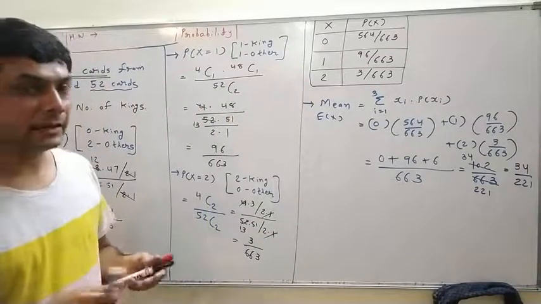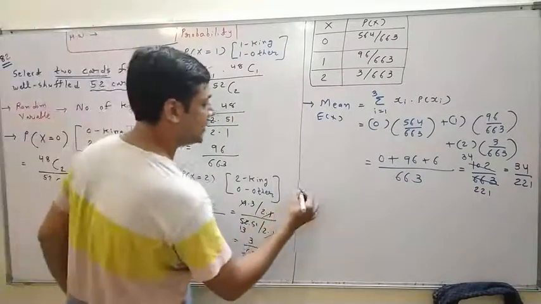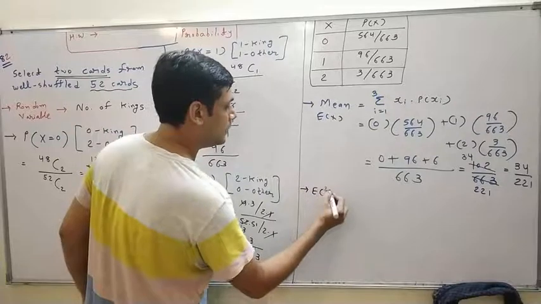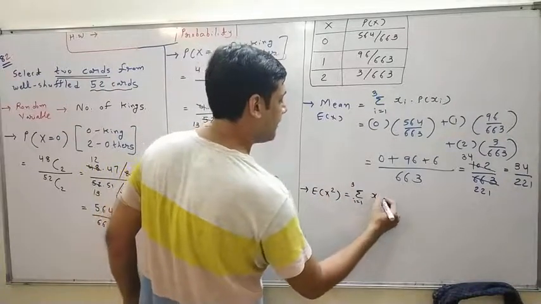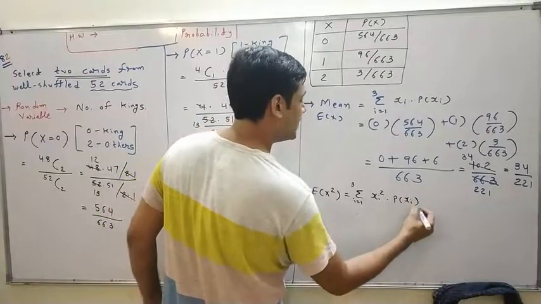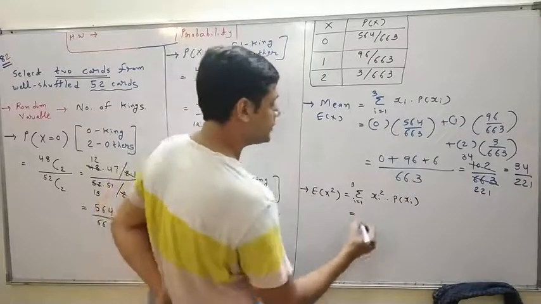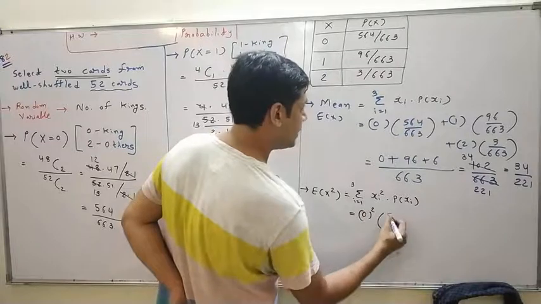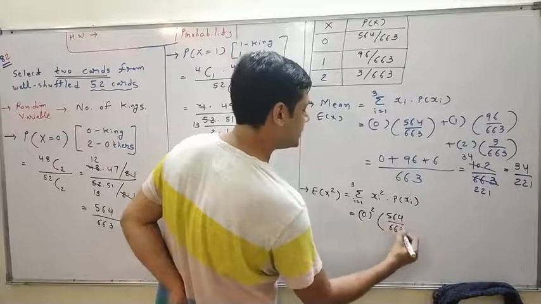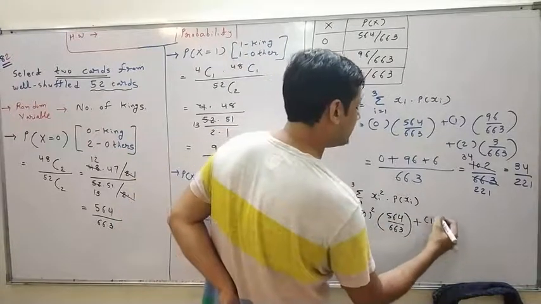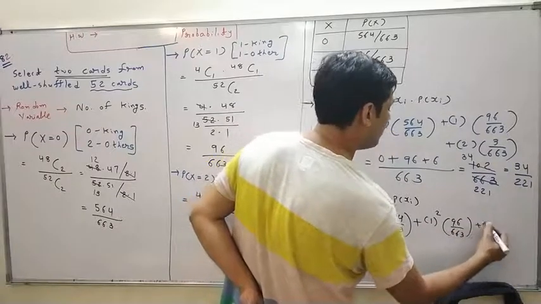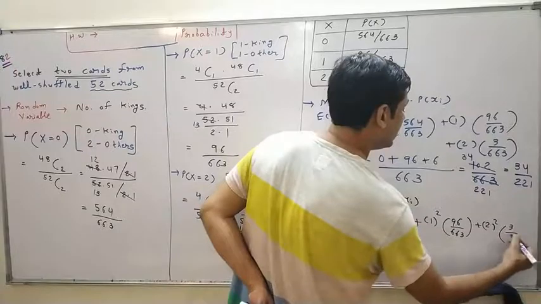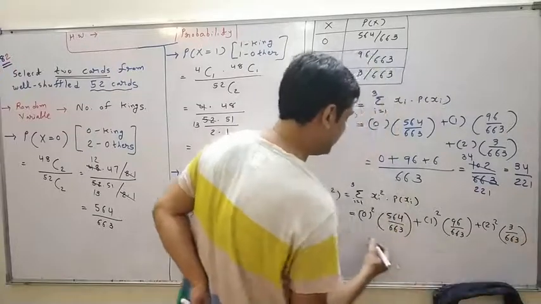That is your mean. Now for variance, first we need to find E of x square. So E of x square is equal to sigma i is equal to 1 to 3 xi square into p of xi. So that is 0 square into 564 by 663 plus 1 square into 96 by 663 plus 2 square into 3 by 663.